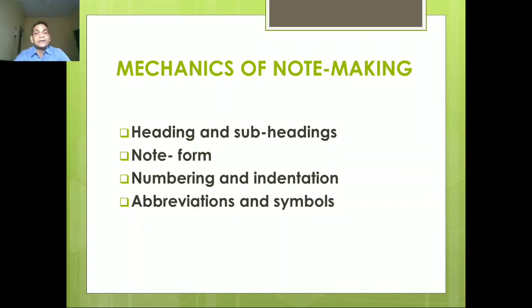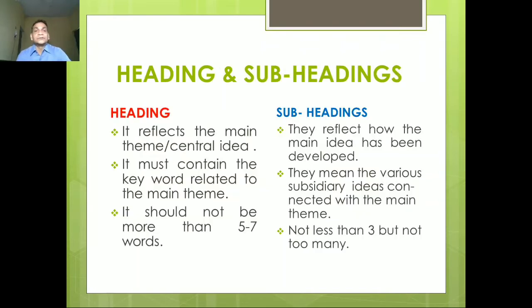And then the note should contain recognizable abbreviations and symbols, at least 4. So these are the mechanics, the main points that must be included in your notes: heading and subheadings, proper note form with numbering and indentation, and abbreviations and symbols.